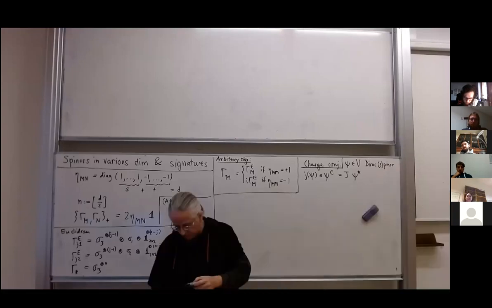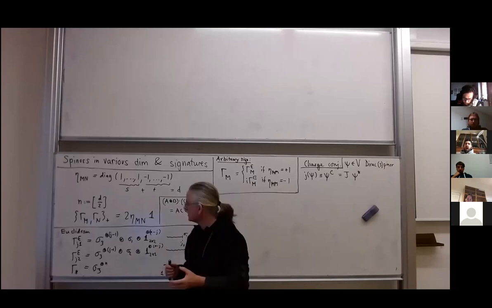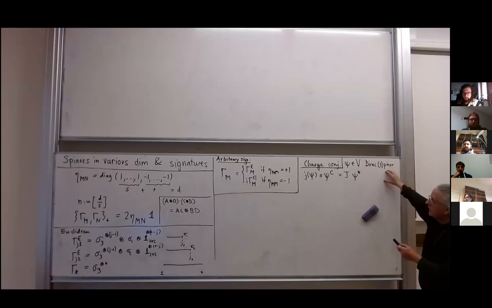If you recall, the pin group was given by the products of the gamma matrices in different orders, and the spin group is if you only take even products.